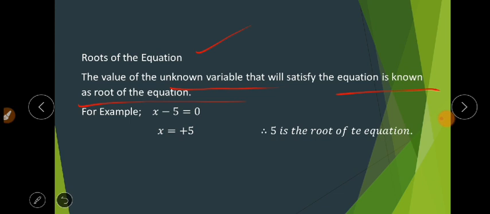So 5 is the root of the equation, because the value of the unknown variable satisfies the equation.